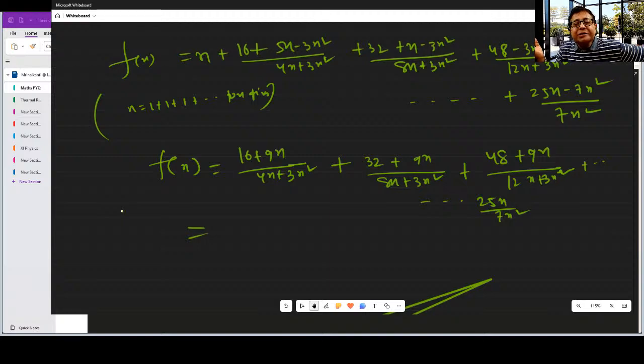You can go on dividing by n square, but this will not help. You have to write all these things carefully. Denominator is not the same, it is different. So you write the nth term of 16, 32, 48, nth term of 4, 8 and 12. This will solve the problem. Just write.